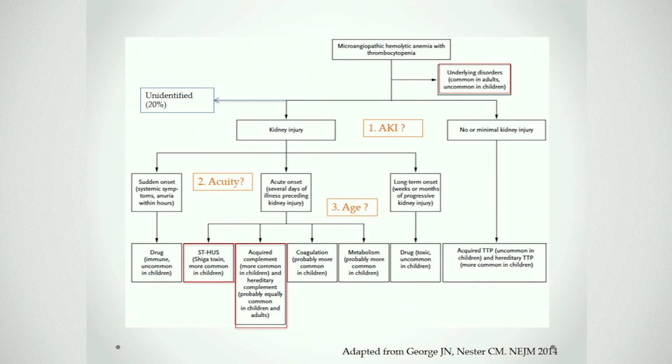Separate from then the coagulation association, which is more often the case in children. Finally, we can see metabolic associated abnormalities, mostly with B12 in children. A long-term consequence that we'll talk about is also kidney injury in the setting of drugs from a toxic point of view.